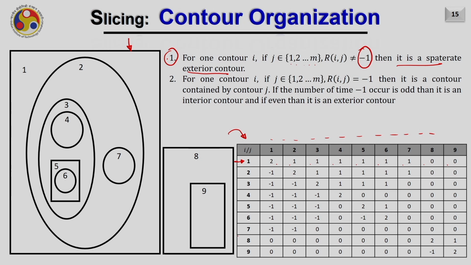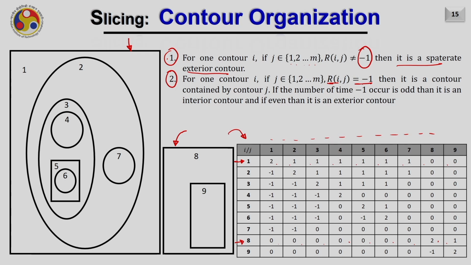Also, we can see contour number 8. It is also not having any cell containing -1. Therefore, contour number 8 is also a separated exterior contour. Now let us consider the other case where there will be some cells with Rij equals to -1.